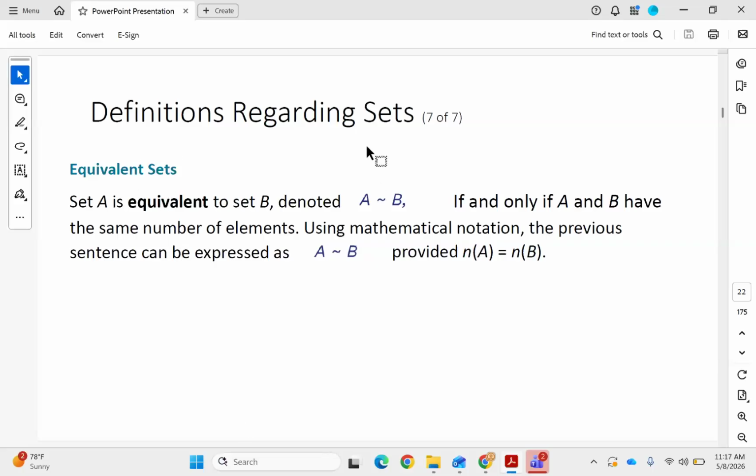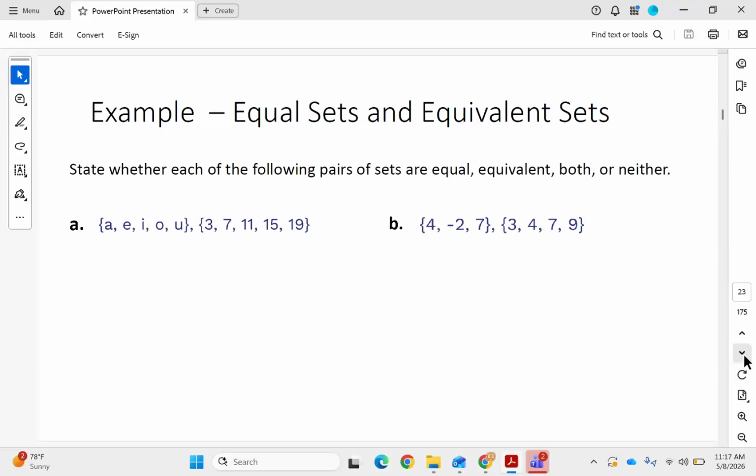So in this case, we're going to say that the sets are equivalent, and we represent it by putting this wiggle line in between. And the condition to be equivalent is that the cardinality has to be equal. For example, here we have a set which has the vowels, and then we have another set that has numbers, and you may count and realize that each one has 5.